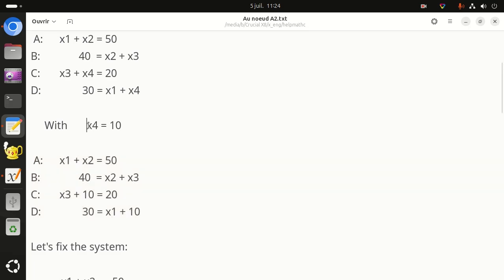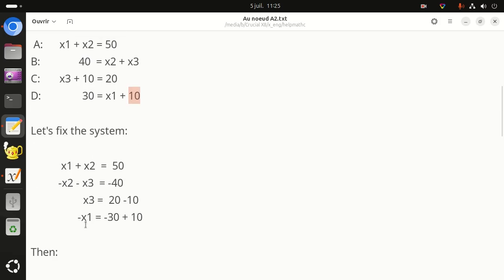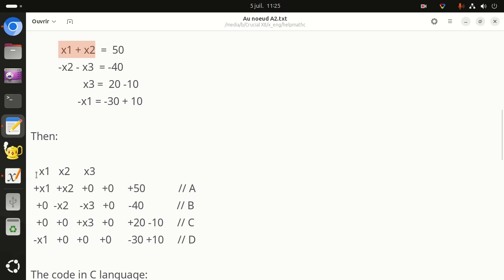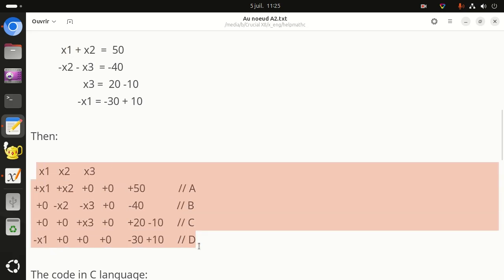I have given the value 10 to x4. Let's fix the system: I have put the numbers on the right and the unknowns x1, x2 on the left. Now I have rewritten the system in this way.